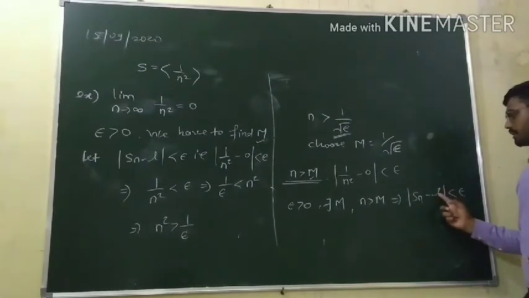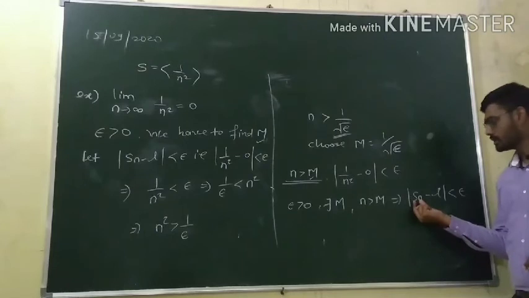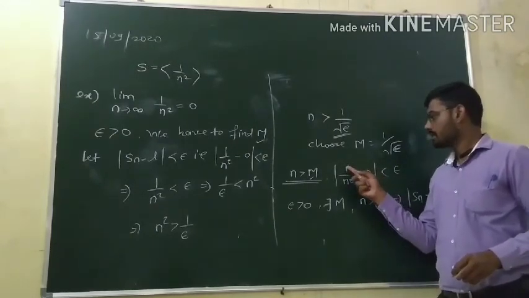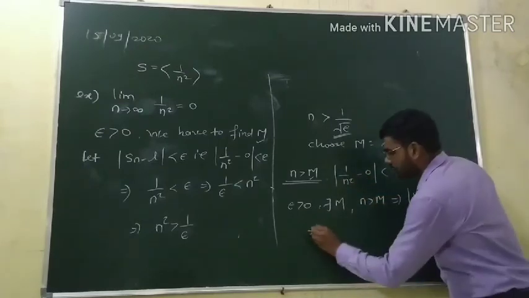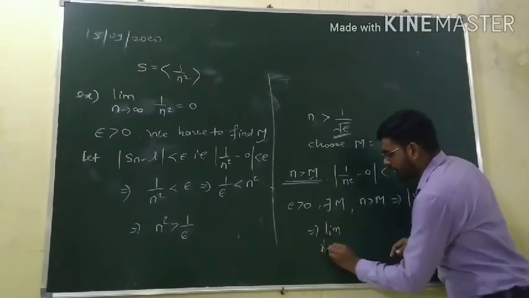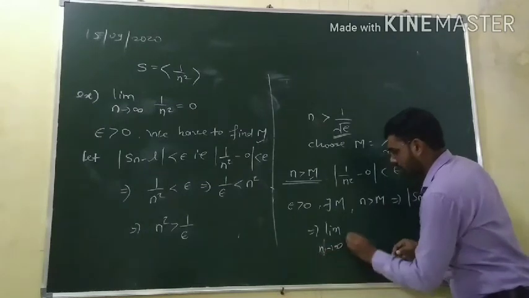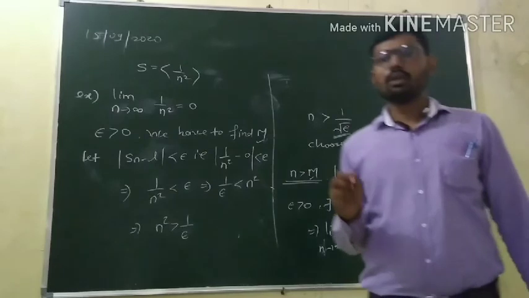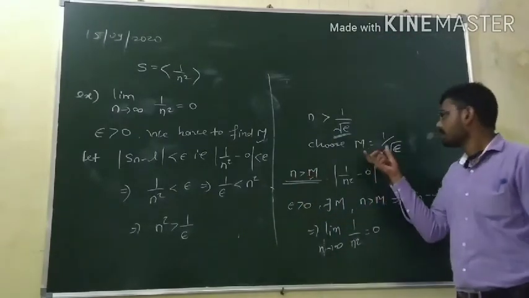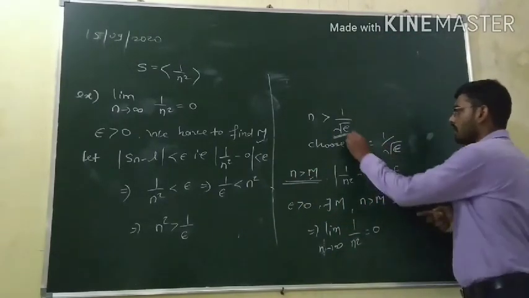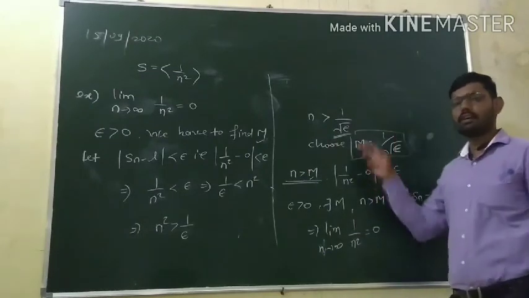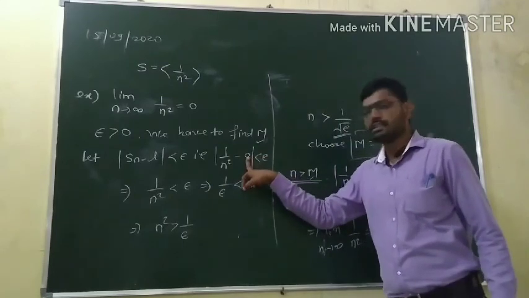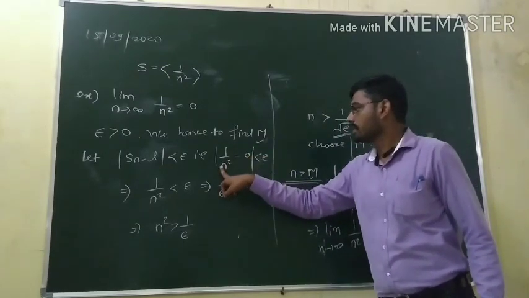So this is nothing but the limit of the sequence 1 by n square, which is 0. This implies the limit as n tends to infinity of 1 by n square is equal to 0. Okay. So the only main thing here is to find the value of m. If we get a value of m satisfying this condition, then the limit of the sequence Sn is established.